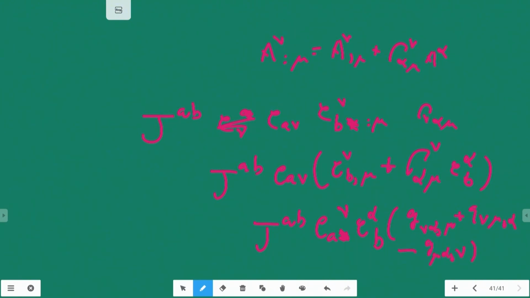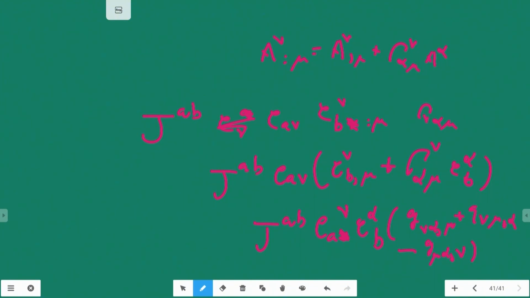Now you see J_AB is symmetric with respect to interchange of A and B. So this whole term is symmetric with respect to interchange of ν and α, right. But if you interchange ν and α, you see here you have ν α μ, here you have μ α μ. It doesn't seem you can replace it, right.